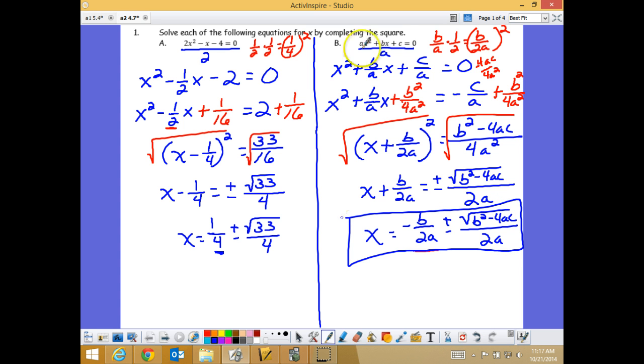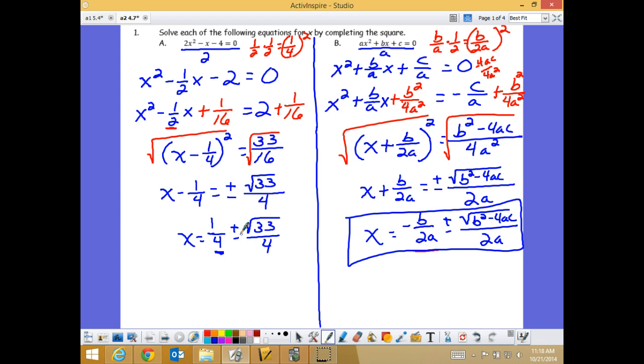Whenever you have a quadratic equation in standard form, set equal to 0, you can use this formula to find the values of x. Keep in mind, this one has 2 solutions. One of them is 1/4 plus the square root of 33 over 4. The other one is 1/4 minus the square root of 33 over 4.